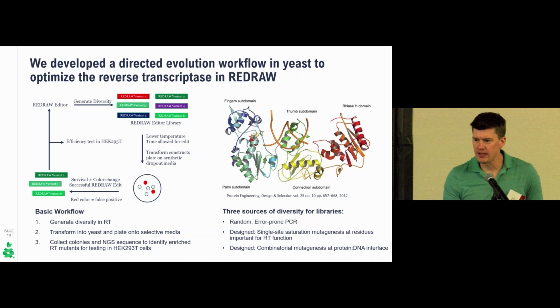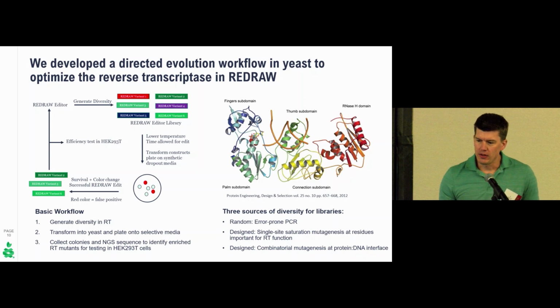What we were doing in this experiment is looking for improvements in the reverse transcriptase domain of the complex, and trying to find a faster reverse transcriptase that would work better for installing the precise redraw edit. On the left side is the general workflow. You create a library that has genetic diversity in the reverse transcriptase domain.